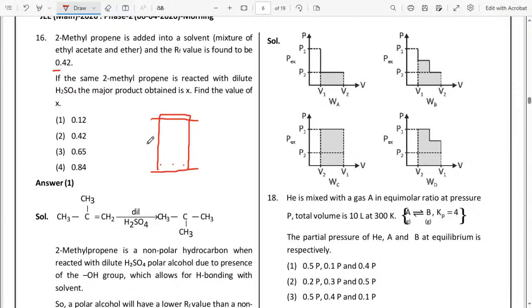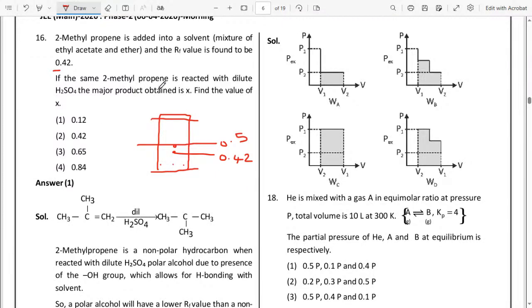If this spot moves up to here, it is said to be 0.5 RF. The RF of this starting material is 0.42, so it comes around here. This is 0.42 RF.